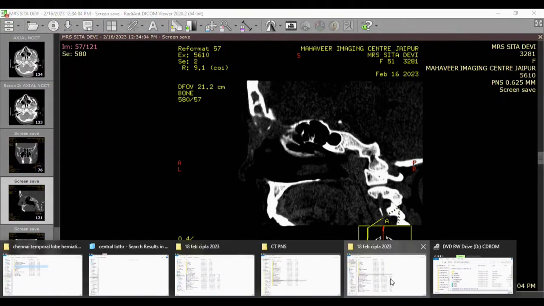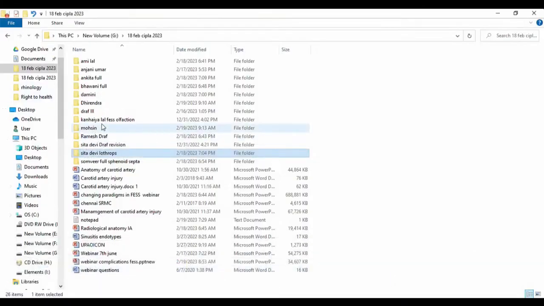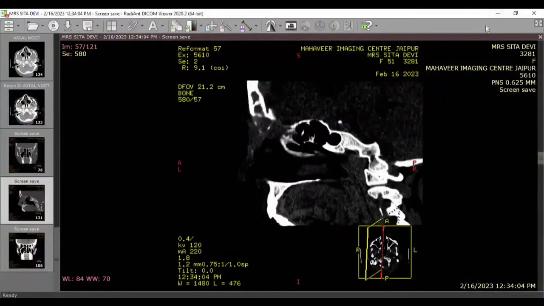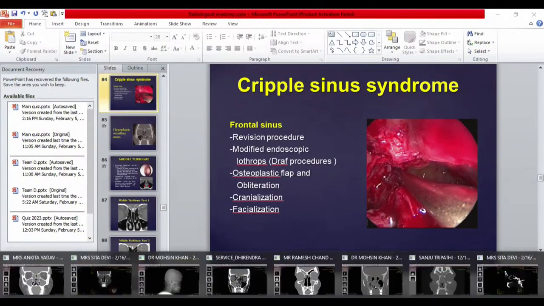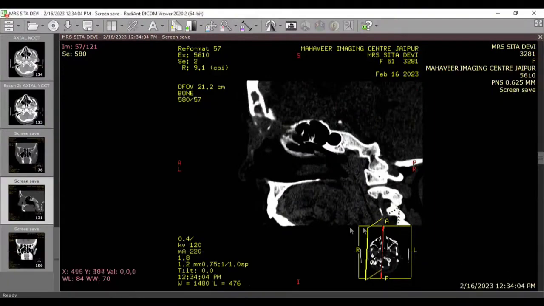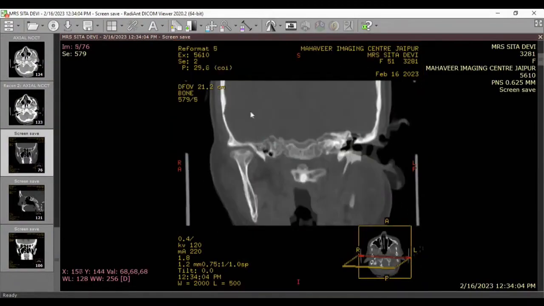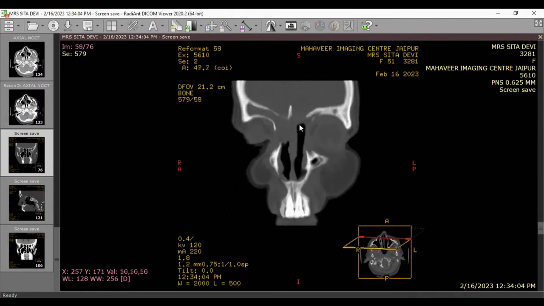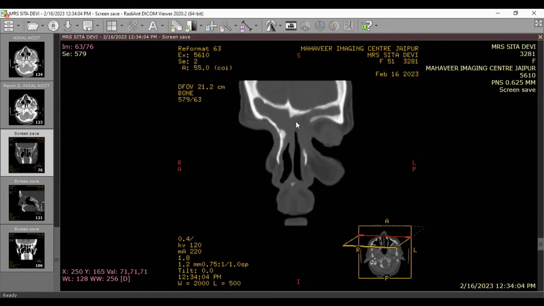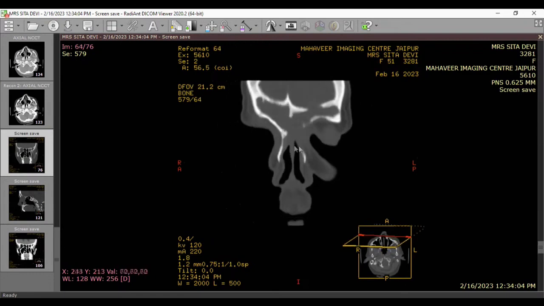Sir, is the cribriform plate fine in this case? Yeah, cribriform is fine. I mean, the bone erosion is there. Definitely bone erosion is there. See this? It is fine, but because of the bone resorption, there is resorption and neosteogenesis, both things going on.